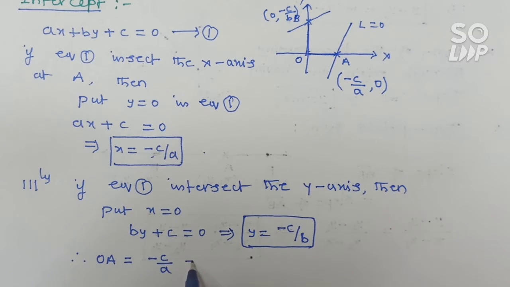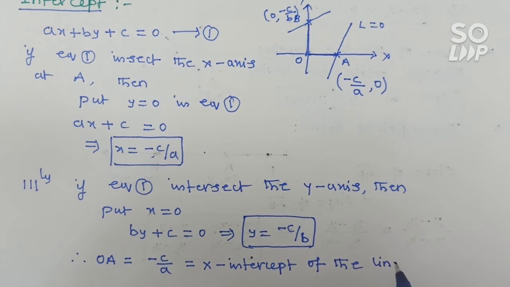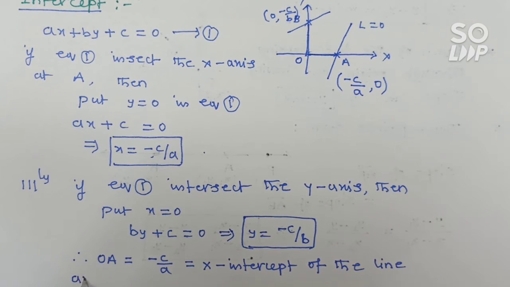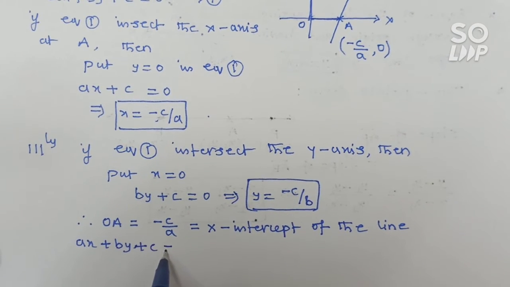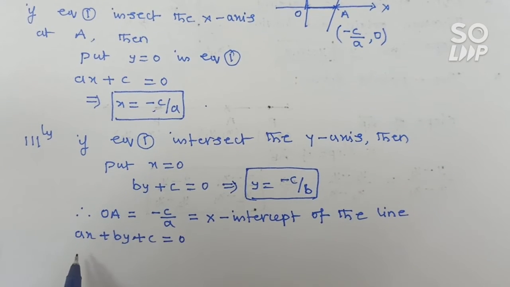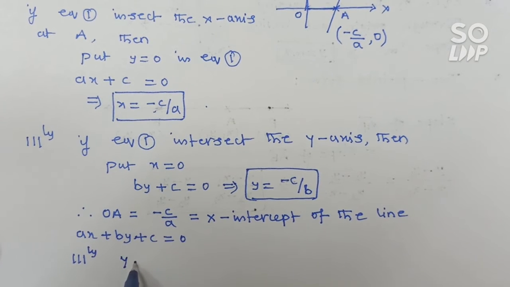So this is called the x-intercept of the line, the x-intercept of equation 1, or the x-intercept of the line ax plus by plus c equals 0. Similarly, the y-intercept.